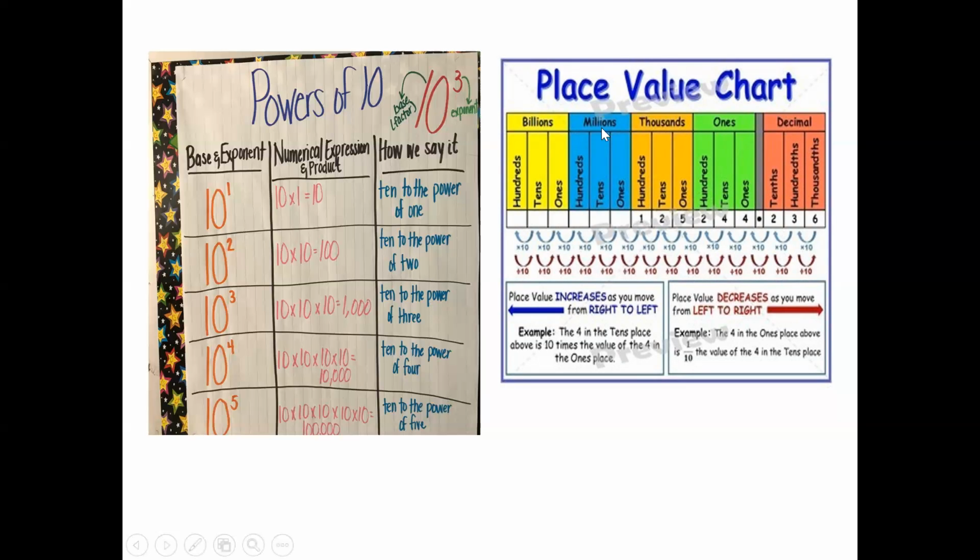In earlier grades, second through fourth grade, you learned the whole numbers in our place value chart, which is your ones, your thousands, your millions. In this case, this chart has billions, but we don't really mess around with billions too much in fifth grade.